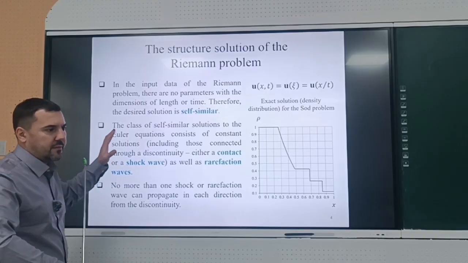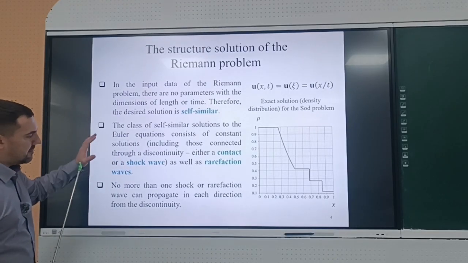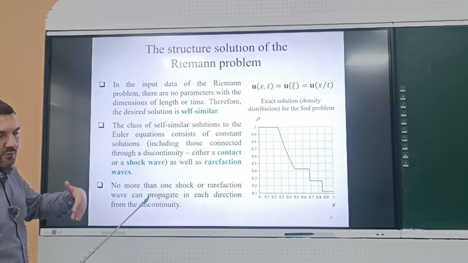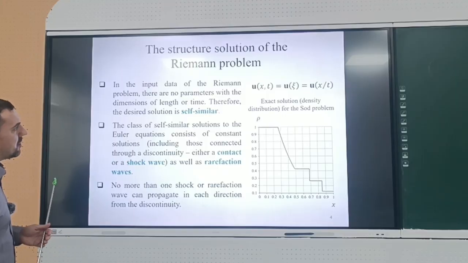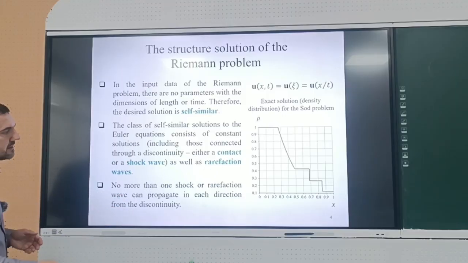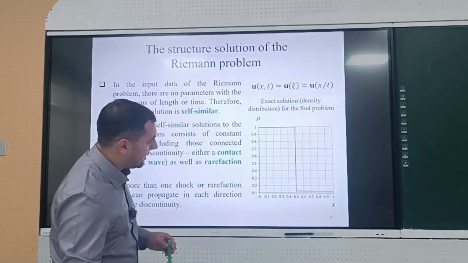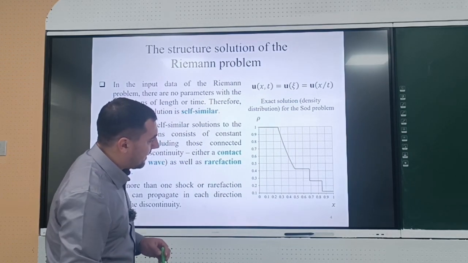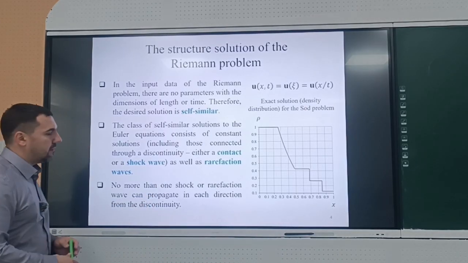It can be proved. Maybe we will do it, but it's not too difficult. The most important thing is to know the final result, that the structure of the Riemann problem solution should be like on this picture. One more time, the self-similar solution means that we have such a variation in time of our solution.